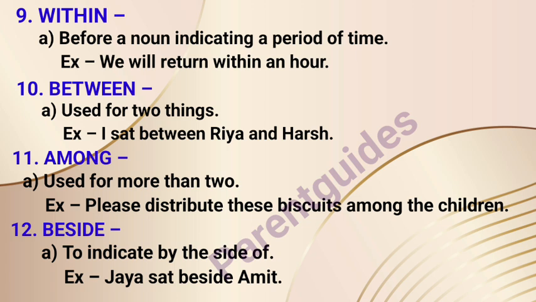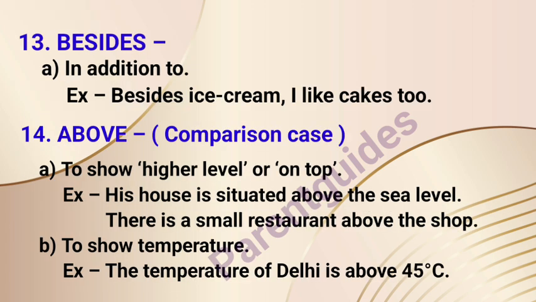Example, please distribute these biscuits among the children. 12. Beside. Beside is used to indicate by the side of. Example, Jaya sat beside Amit. 13. Besides. Besides is used in addition to. Example, besides ice cream, I like cakes too.